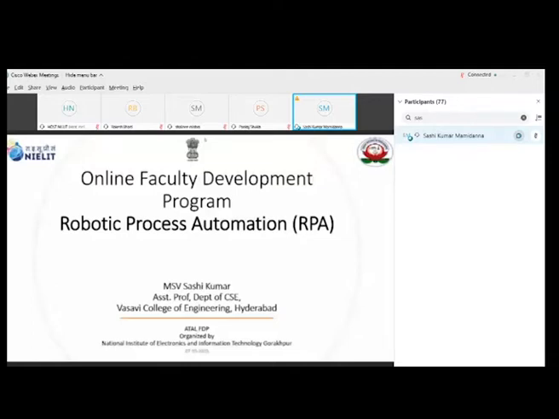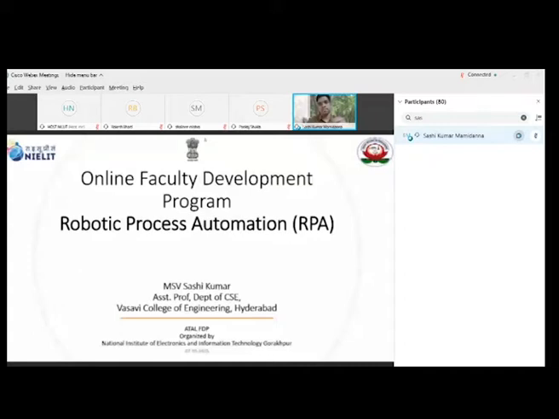So the agenda for the session is this. We'll briefly get introduced to what is automation, what is the history of automation, when did it start, and what is automation going to do for us. And dive into the introduction to RPA, understand the different evolutions which have happened to robotic process automation, and then talk about what generally is happening in the industry and how automation will come to help us.